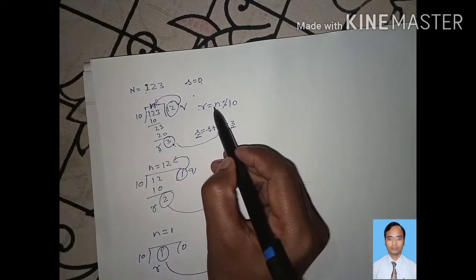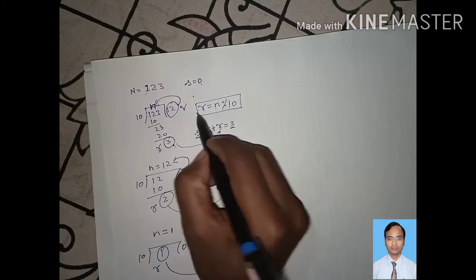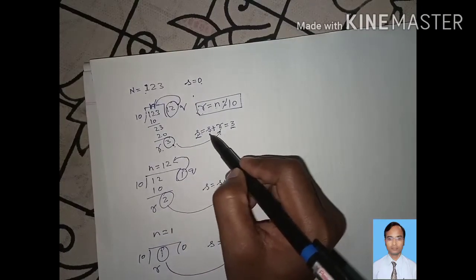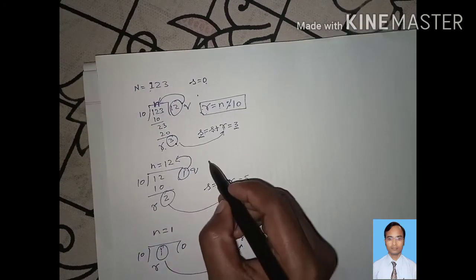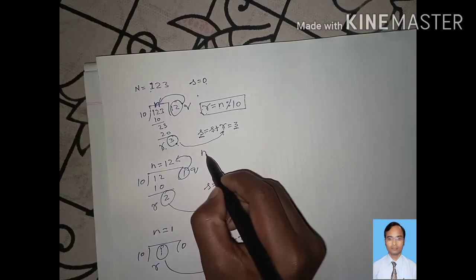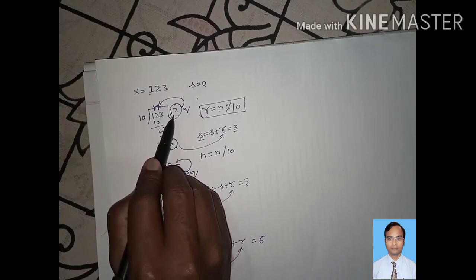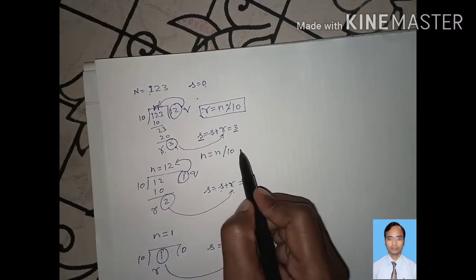This will generate the remainder, and after getting the remainder we have to transfer this q to n. It means n is equal to n divided by 10, because we will get this quotient using the divide sign.